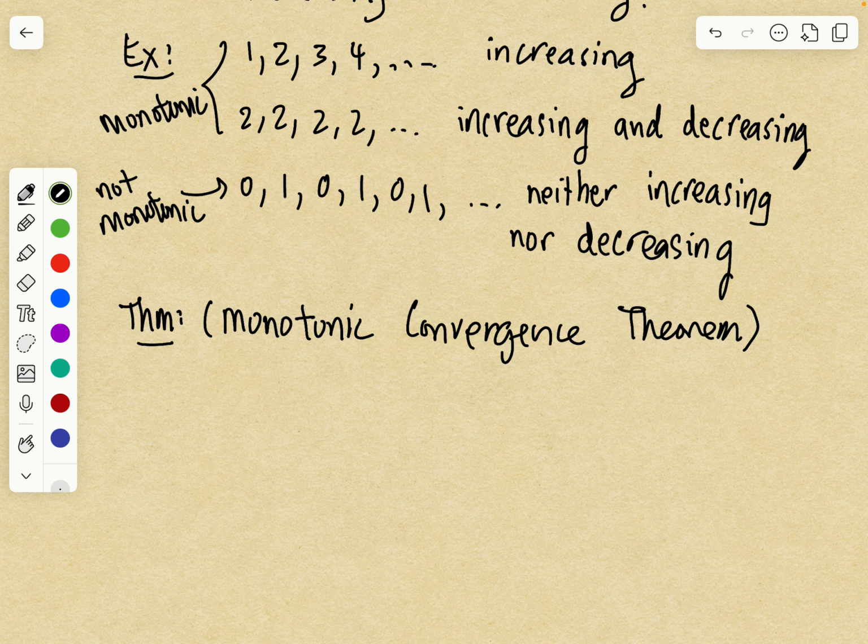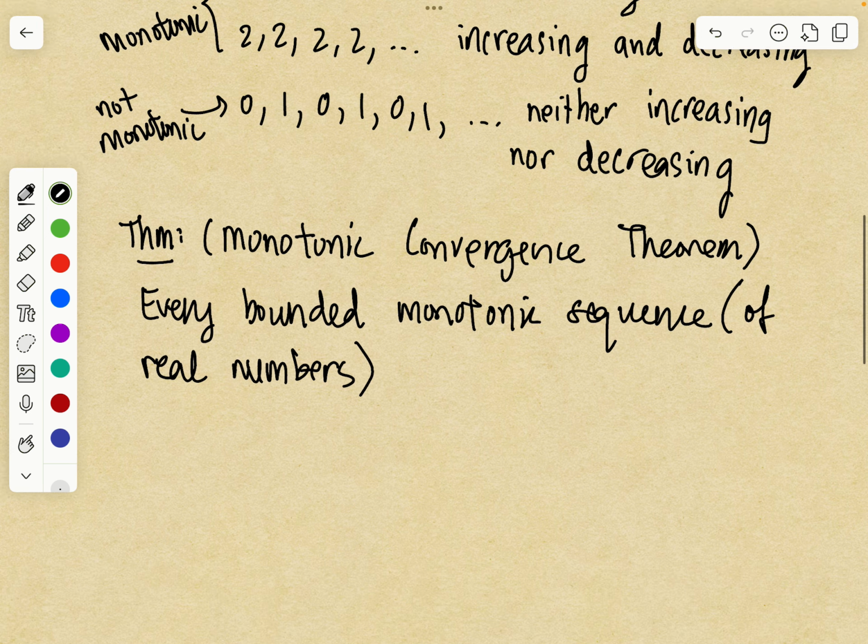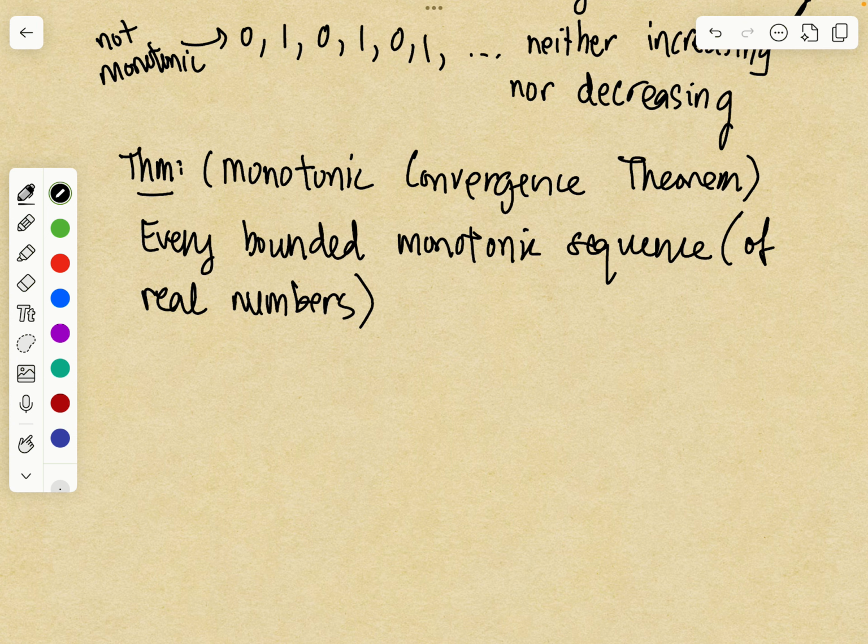So the theorem says that every bounded monotonic sequence (of real numbers, I'll just put this in parentheses because we know we're working with real numbers) is convergent. Every bounded monotonic sequence is convergent.